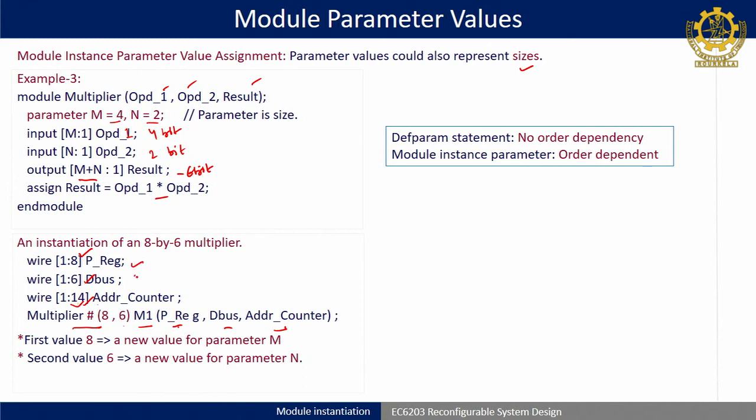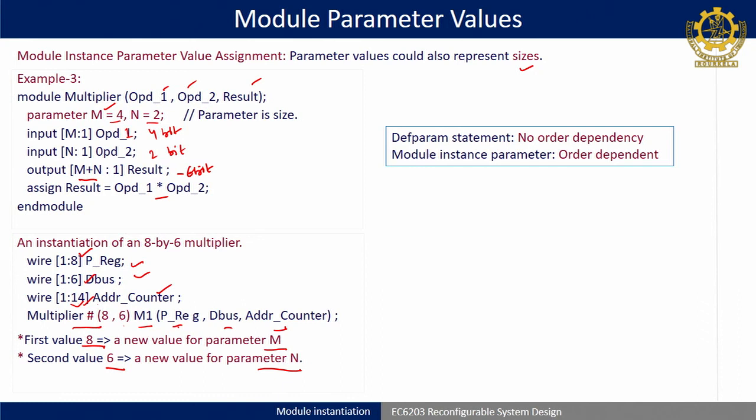So, you have to take care, simply association is okay, but you have to take care of the size of wires and registers also. Okay. So, while calling, as it is only one lower module, they have put #(8, 6), that means it is order dependent. As the order is m first, the new value of m is 8, then the second, the new value of n is 6.